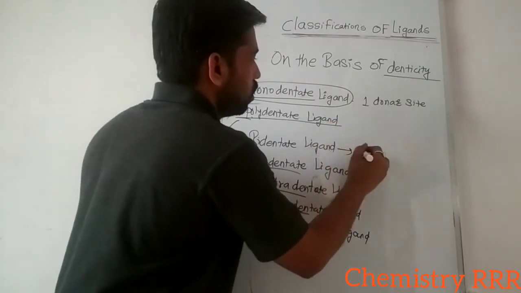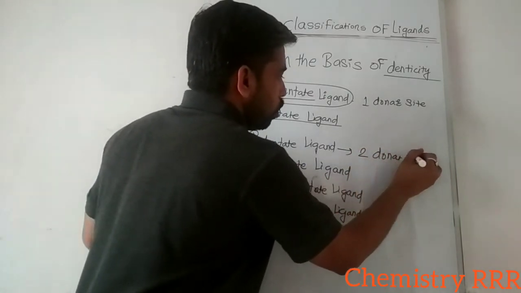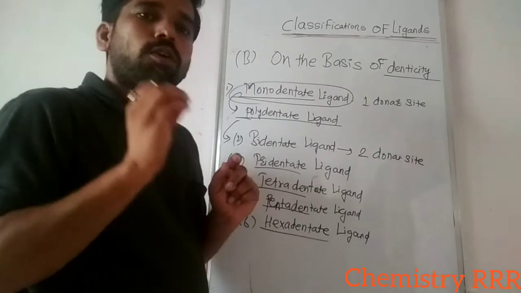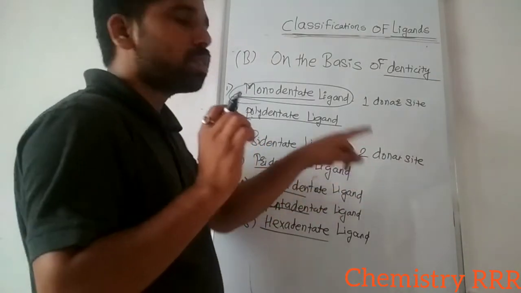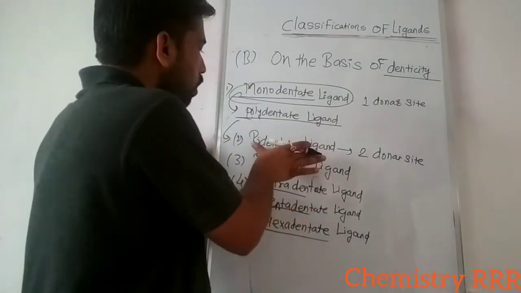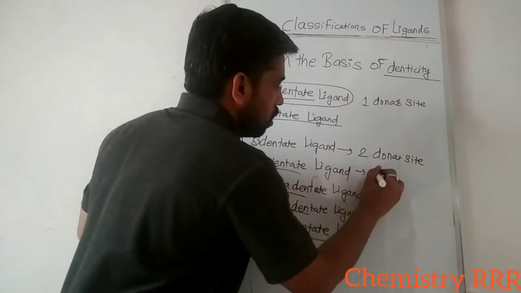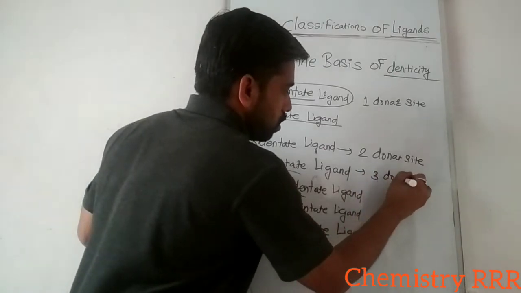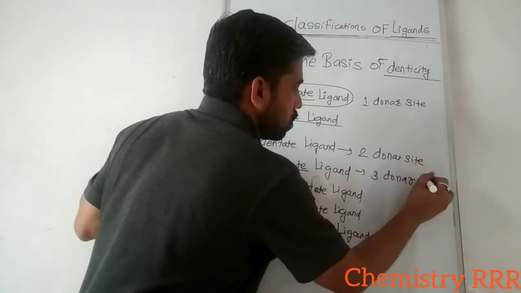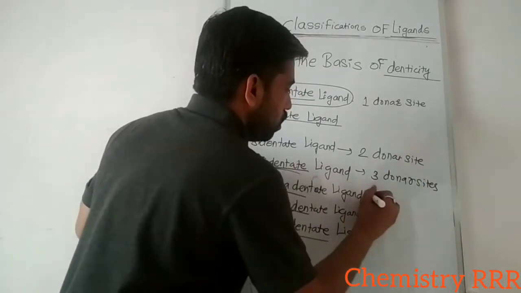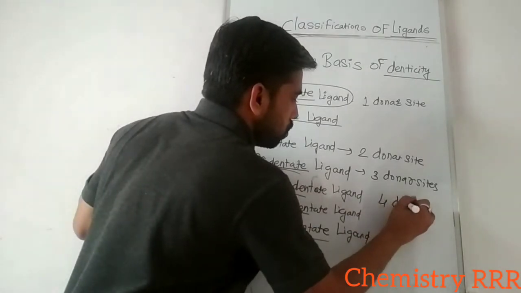Bidentate has two donor sites or two donor atoms present on a single ligand. That's called a bidentate ligand. Then third is tridentate, having three donor sites. Then tetradentate having four donor sites.